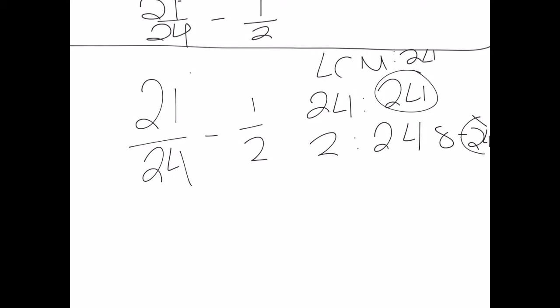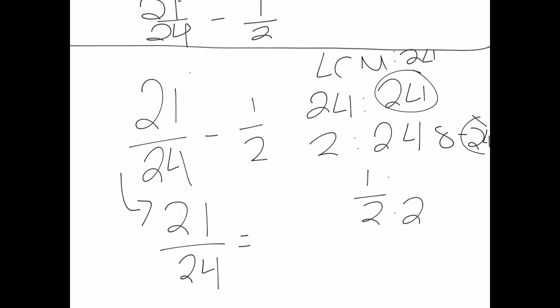So what we do is we keep this fraction the same because there's nothing you can do to it. But 1/2 you multiply by 12 over 12 to get 12 over 24.